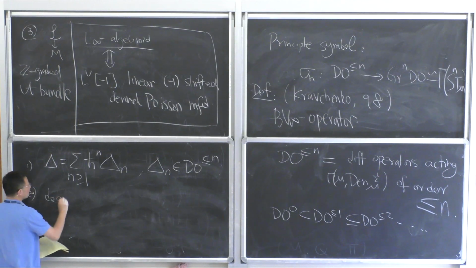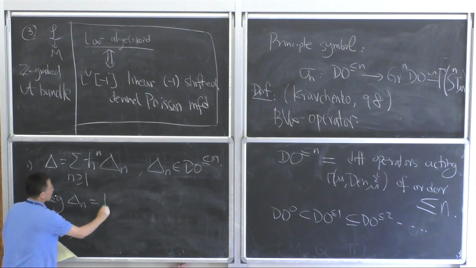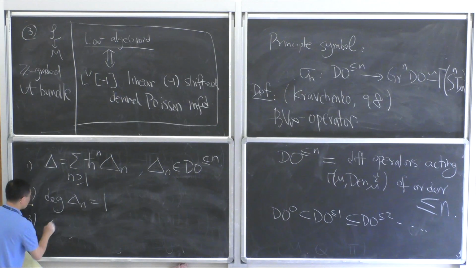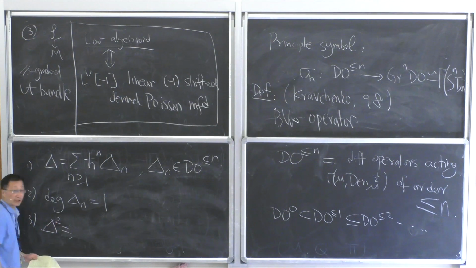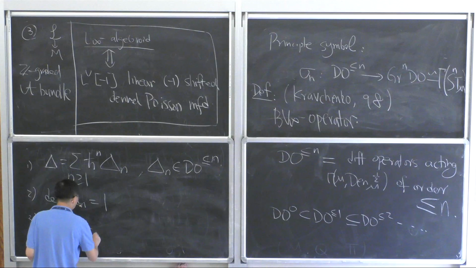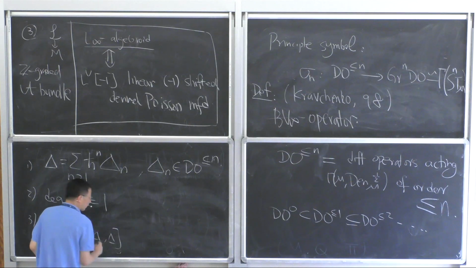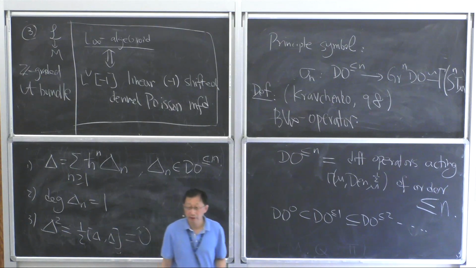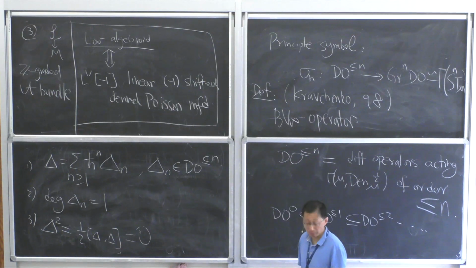And degree of each, now you have a degree, because Z-graded, so the degree is 1. And the square is basically 1/2 because the degree 1, so bracket 1 is 0. So this is a BV operator, BV infinity operator.